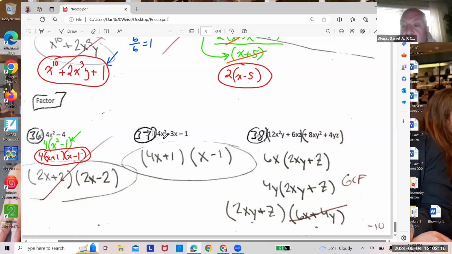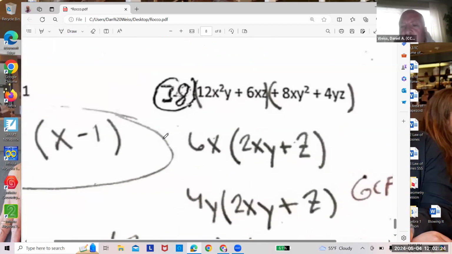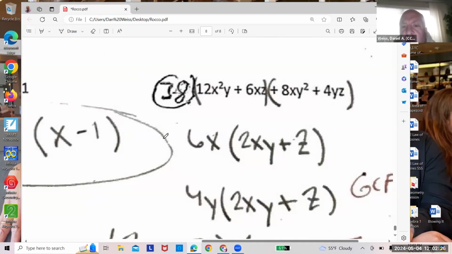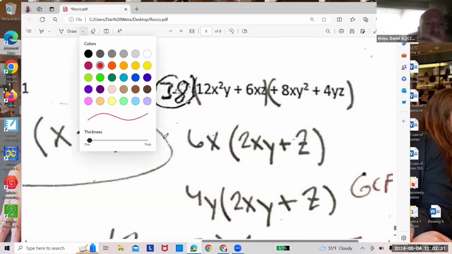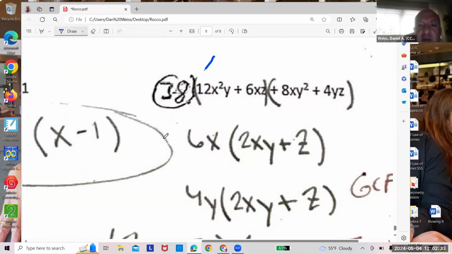Okay. So greatest common factor over here. It looks like you added in these parentheses. I don't think you were supposed to do that. I don't think those parentheses go there.